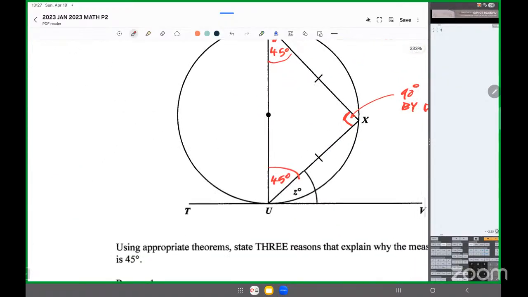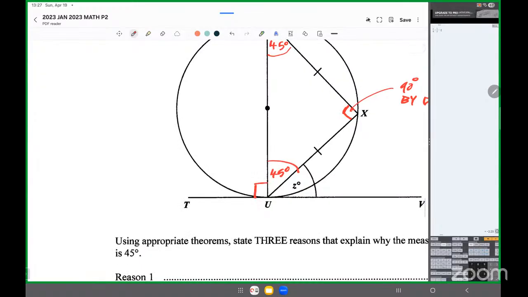And this angle down here, I say it's 90 degrees, because the angle between tangent and radius is 90 degrees. That's why this angle here is 90 degrees.